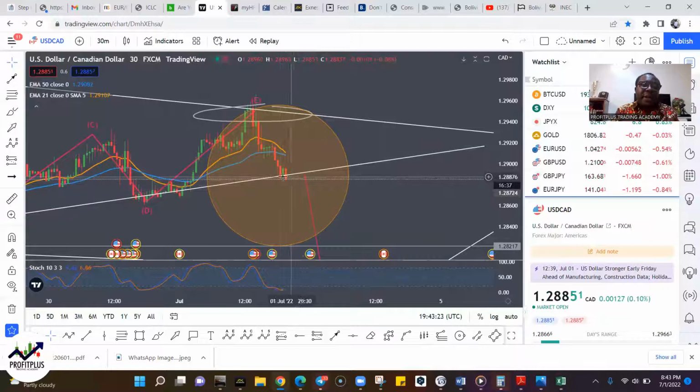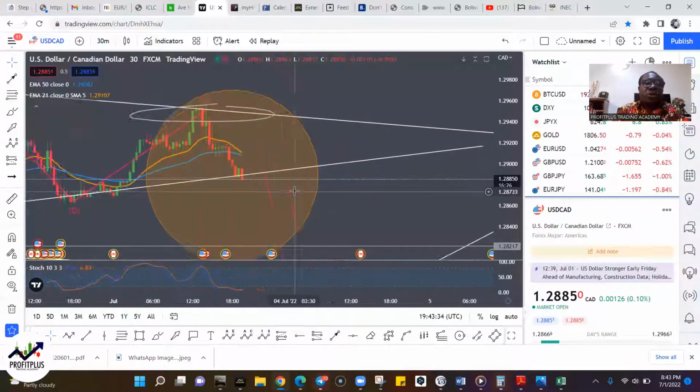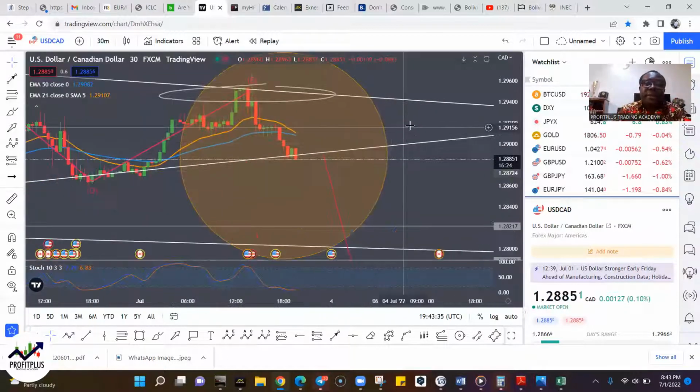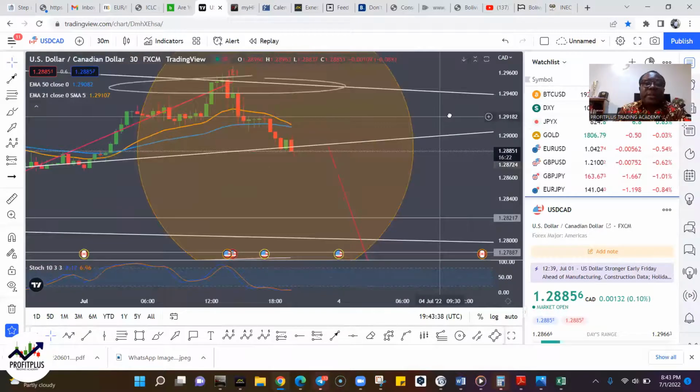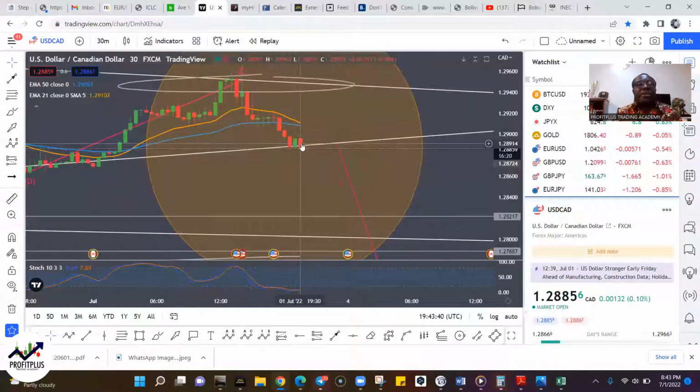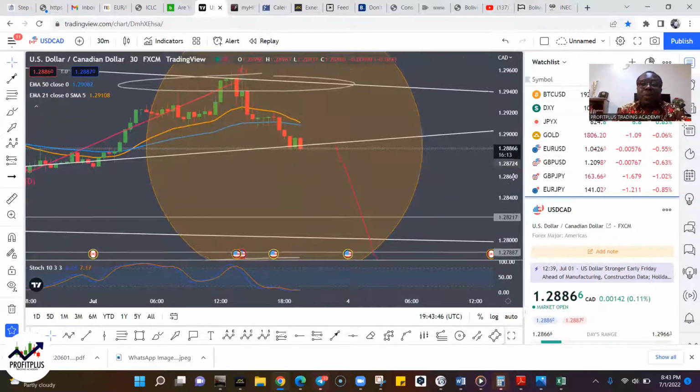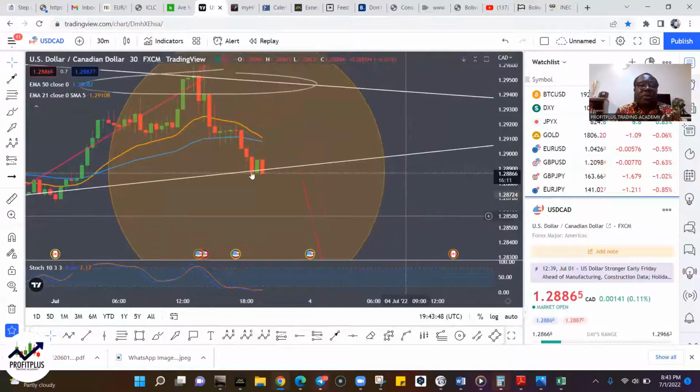You can see these 3 candles forming here, and of course this is on a key level, this is a trend line. So if the market closes with these 2 candles, it suggests to me that price is going to do more bearish run at the opening of the market on Sunday.